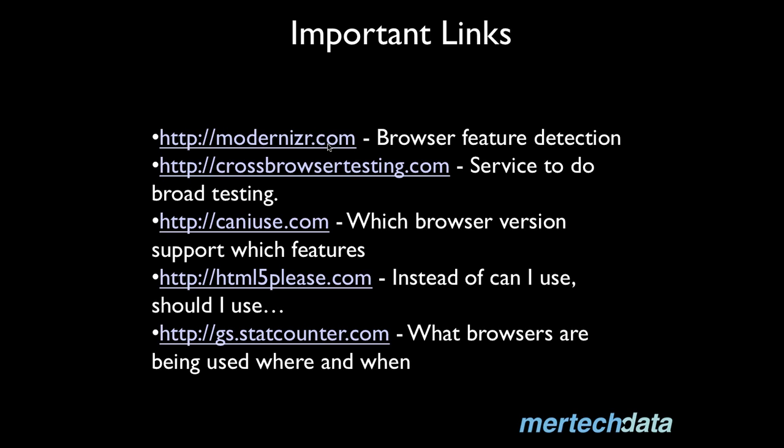This next one, way back at one of the early slides, we were talking about testing. And there are various resources for it. This is the one I've looked at a bit, CrossBrowserTesting. Essentially, there's this whole group of services out there that host virtual machines running old operating systems and old browsers.